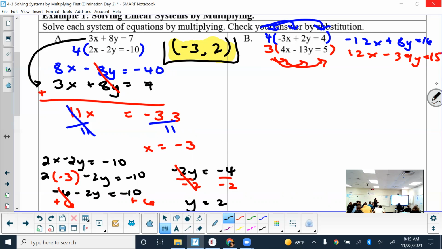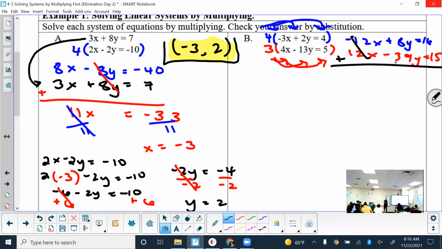All right, now when adding or subtracting these two equations together, eliminate the x. Because the way I have it written, adding would eliminate them because they have different signs. So I get 0 for the x term, right?